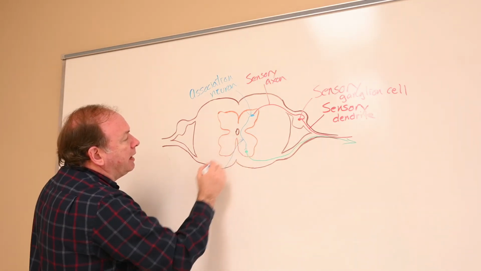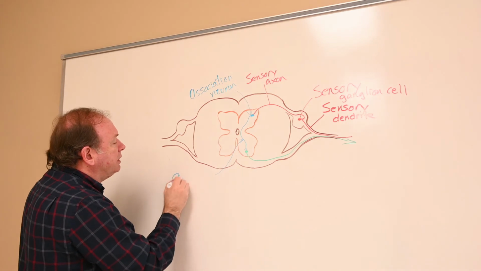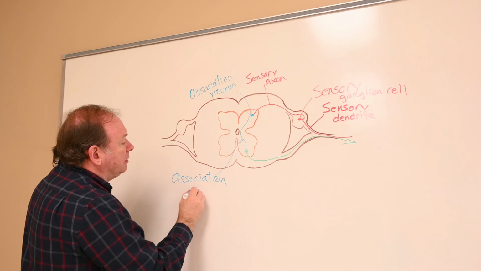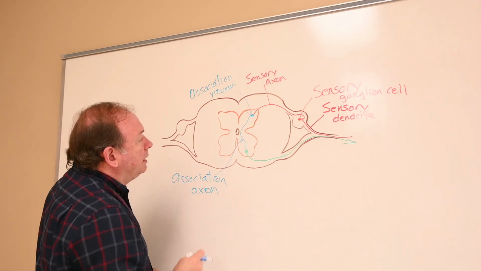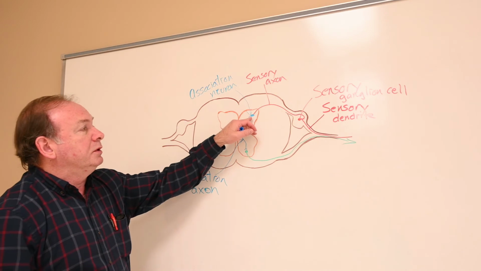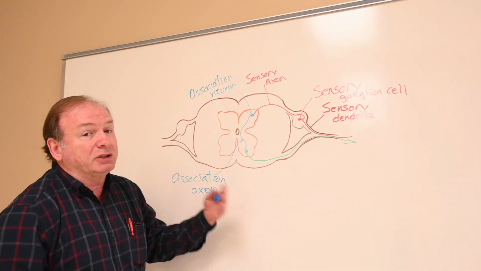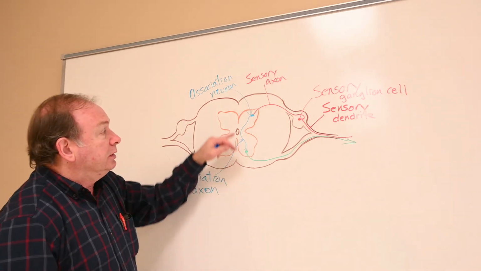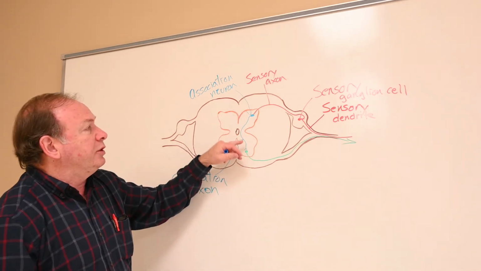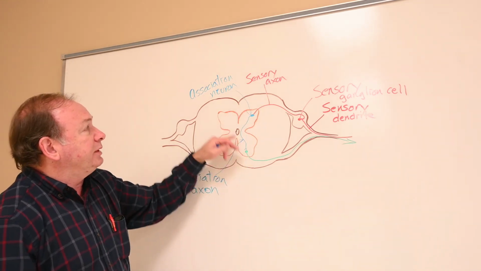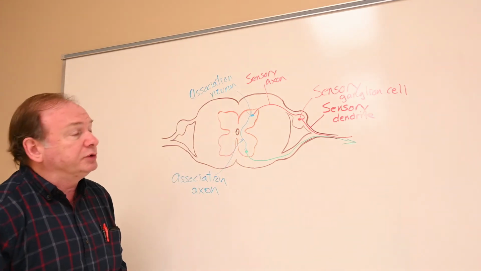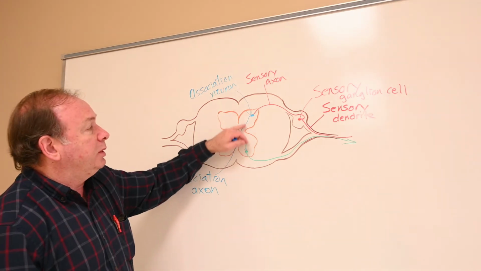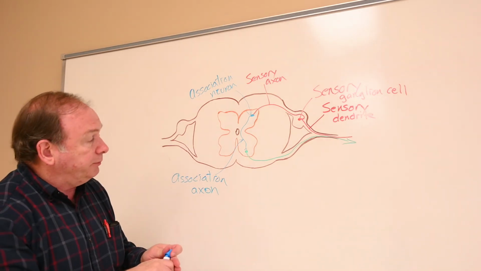So this axon right here is going to be our association axon. Now, the association neuron can be called an accessory neuron, sometimes called an interneuron. So it's intermediate, it goes between, it's an accessory, it helps things out, or it's an association neuron. Either of those terms have been used for that relay signal between the sensory information and the motor information.